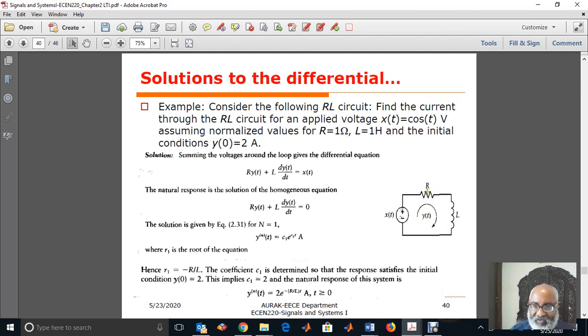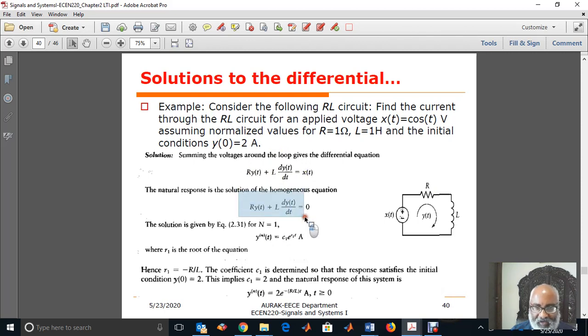The voltage across the resistor is R times i of t, which is R times y of t. So this is the differential equation. As you see, it is first order, and N is equal to 1. A0 is the coefficient of y, R. A1 is the coefficient of dy/dt, L. B0, the coefficient of x of t, is 1.